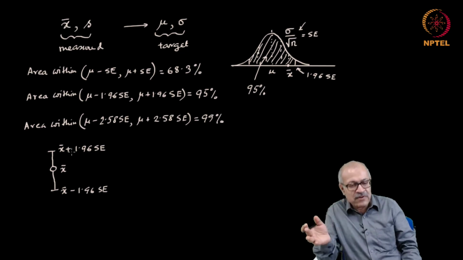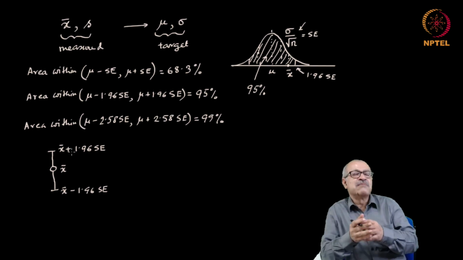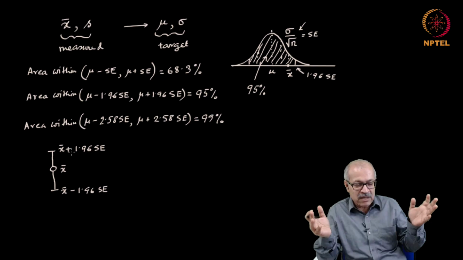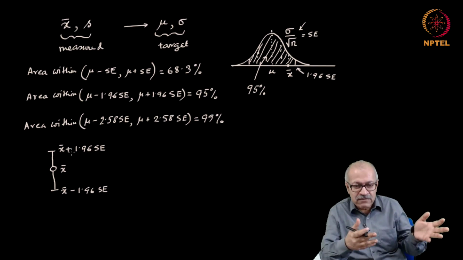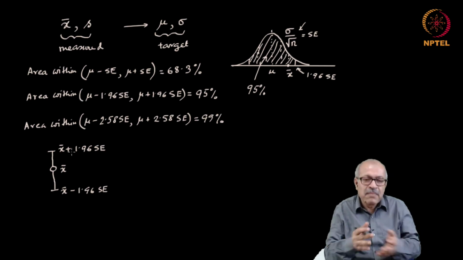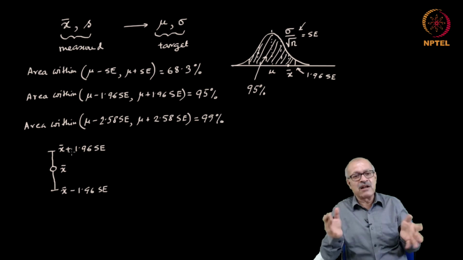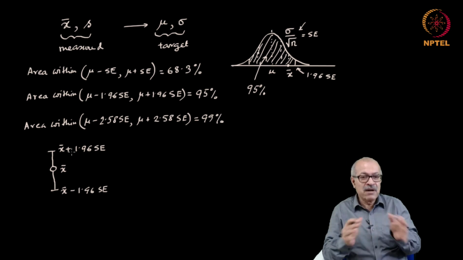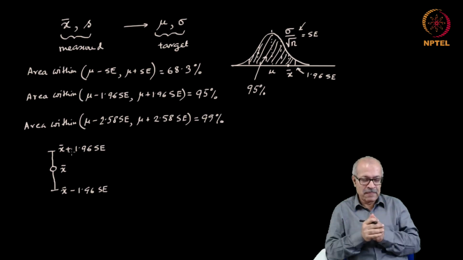And there are some fields, especially something like the discovery of a new particle in particle physics. The discovery of gravitational waves is a discovery. In case of discoveries, the demand is far larger. The demand is something that is stated as 5 sigma.